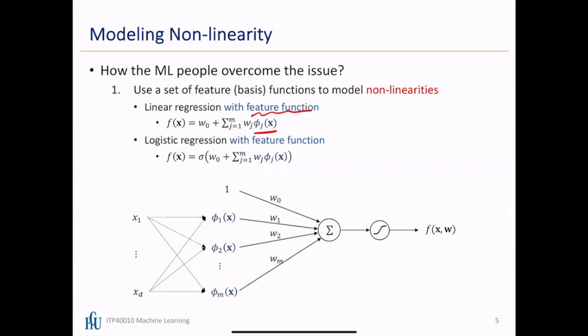You can try to depict a complicated space defined by your original input. We have studied similar practice using logistic regression. Here is the feature function, and you put the aggregation of the weighted sum into the sigmoid function.